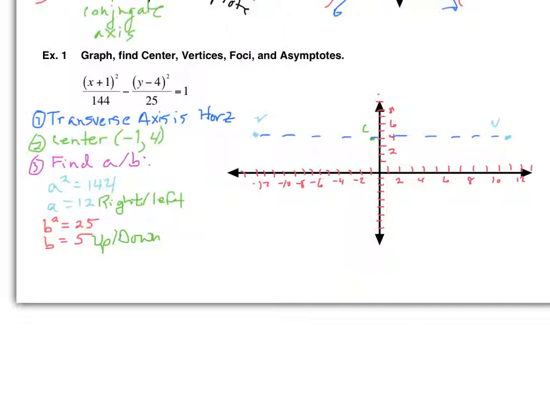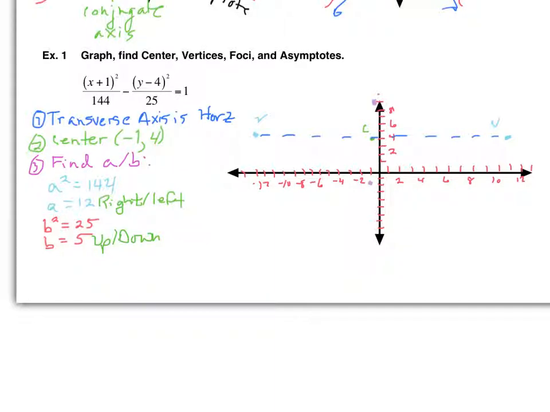So I'm going to plot that in purple. So plot your B going up 5. So from a height of 4, up 5 would put us at 9, wouldn't it? And then down 5 from a height of 4 would put us at -1, -1.